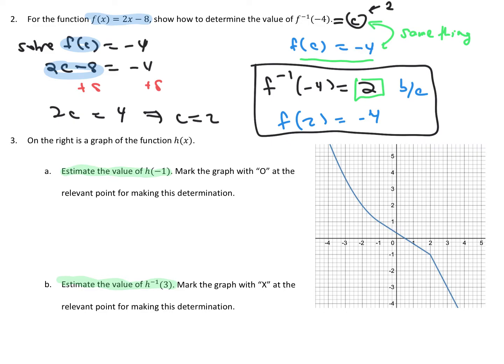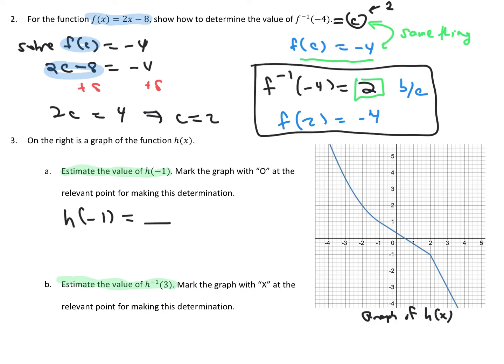H of negative 1, again, that is not a question about inverses. That's just a normal statement about the function h. It means I want to find the output when the input is negative 1. And this graph is the graph of h.